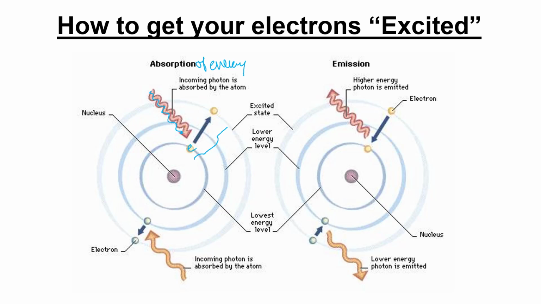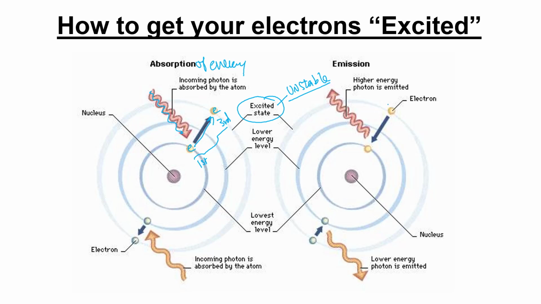Those electrons that are in lower energy levels then jump into higher energy levels. So here we have the first energy level, and here we have the electron that now jumped into the third energy level. Once that electron absorbs that energy and jumps into the third level, it is now considered excited. When it is excited, it is unstable.